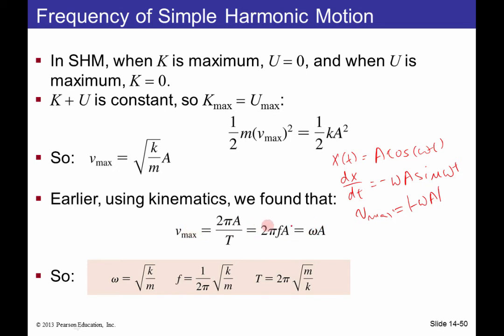From here we can write that omega, the angular frequency, is the square root of k over m, and the frequency is omega over 2 pi, which is 1 over 2 pi times the square root of k over m. And the period is 1 over the frequency, which is 2 pi times the square root of m over k.